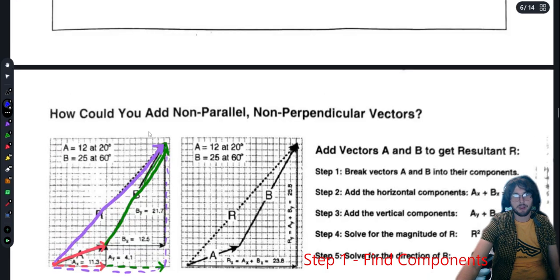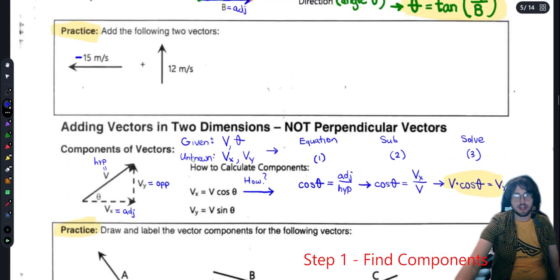That's it. And if you need a bit of a recap, say you're given the hypotenuse, or the magnitude of some vector, and you're given the angle that it's at. Well, the equation you're using is really just sine, cosine, or tangent, and the relationship that follows with that. For horizontal, if you want to find the horizontal component, you'd say cosine theta is equal to adjacent over hypotenuse.